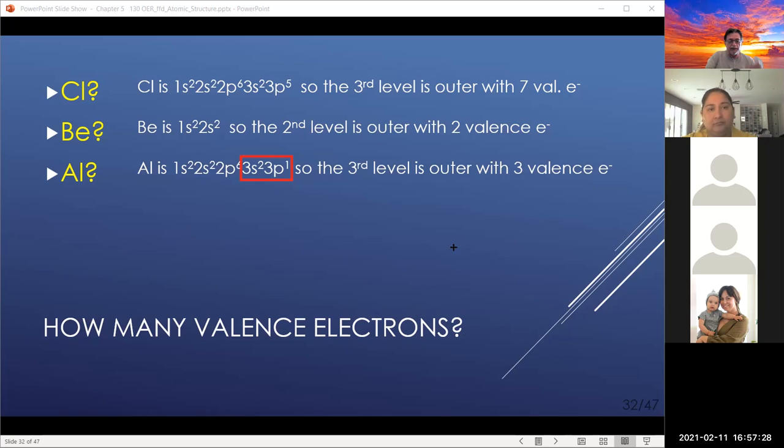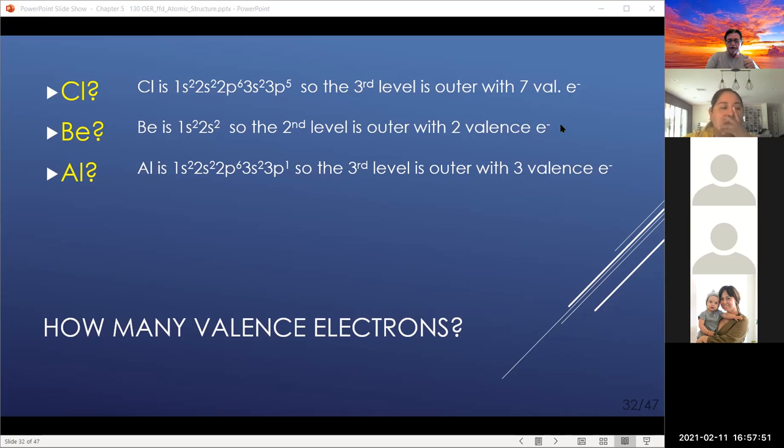For the ones in the B groups, you'll be told some more information because, like I stated, they're variable. If the element is losing electrons, it will become positive, and if it's gaining electrons, it will become negative. That's how it always works.